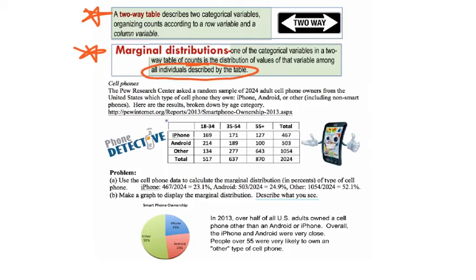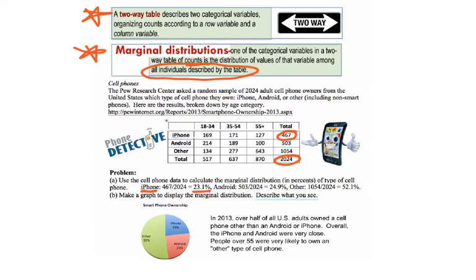If we go down to the problem, letter A says, use the cell phone data to calculate the marginal distribution in percents of type of cell phone. So because we're talking about type of cell phone, we're going to take all the iPhone users and divide it by everyone from the random sample, and then just convert that to a percent.